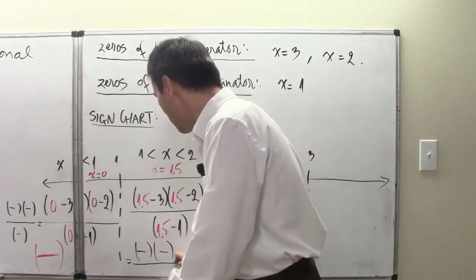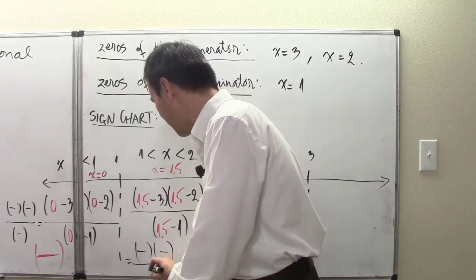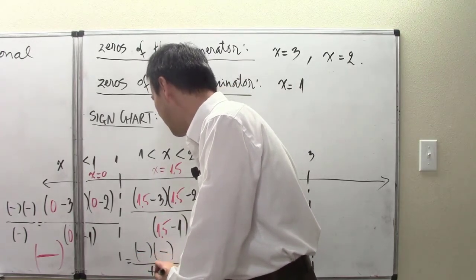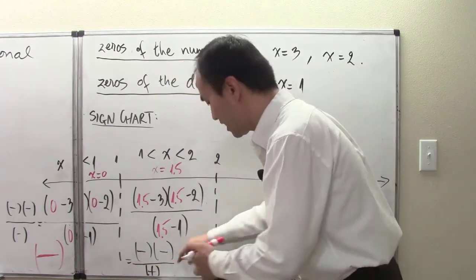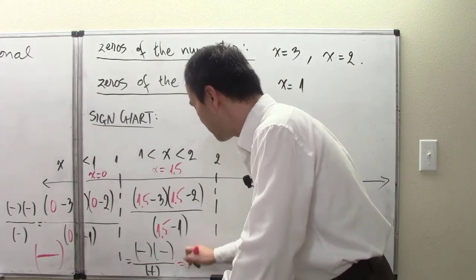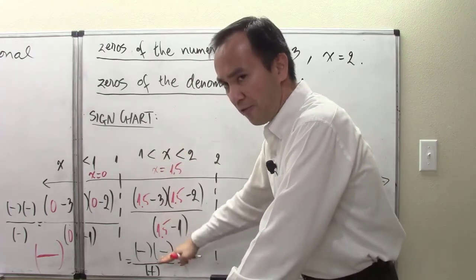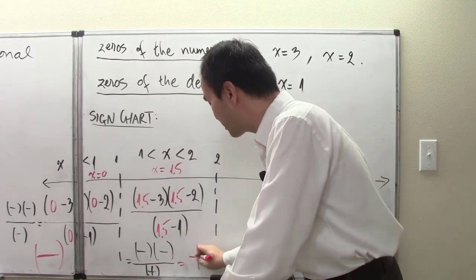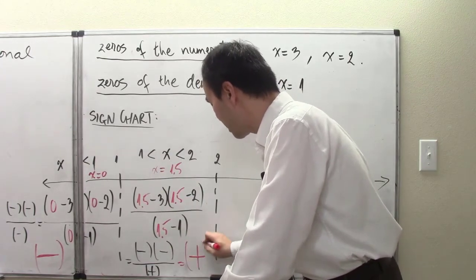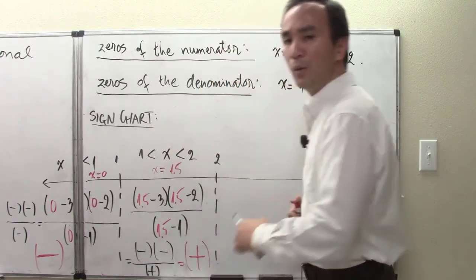But the third one in the denominator gives me a positive sign. That's how I'm proceeding into my sign calculation. So now at the end, the rational function we're working with has an overall positive sign in the entire interval between 1 and 2.